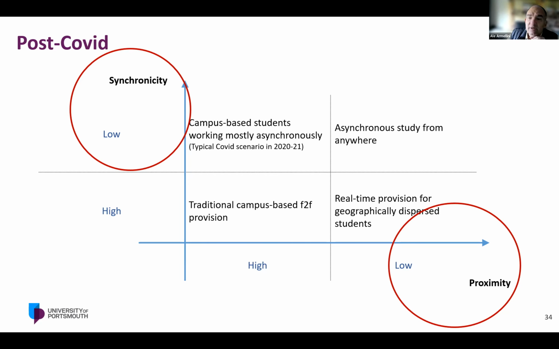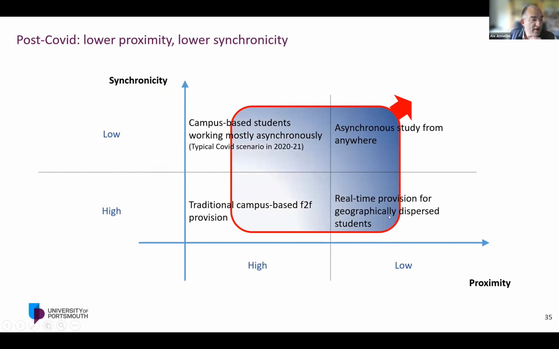But for the purposes of today, I would like to put it to you that universities that were typically in the face-to-face space, traditional campus-based, operating primarily in that quadrant, are now being asked and expected to offer other things. They are expected to shift to the top right of that diagram.